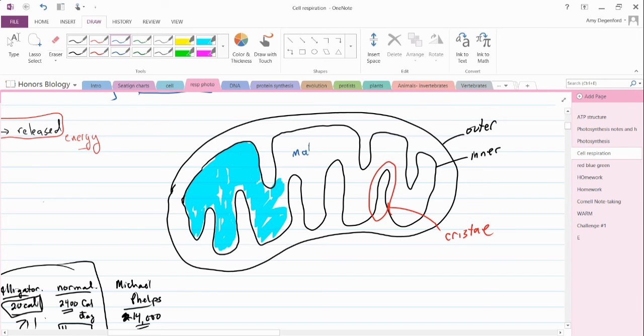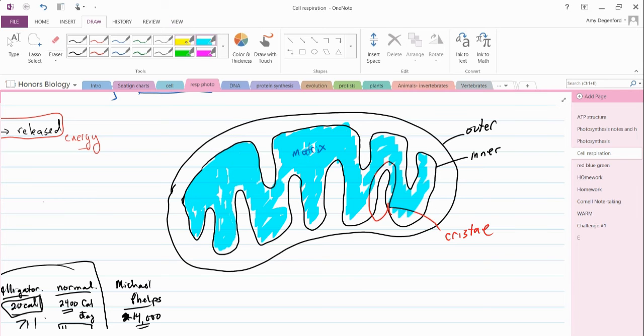So here's our matrix. And this matrix is going to be where the second step occurs. So we'll label that in just a little bit. But there's our matrix. And this matrix is kind of created by the inner membrane.